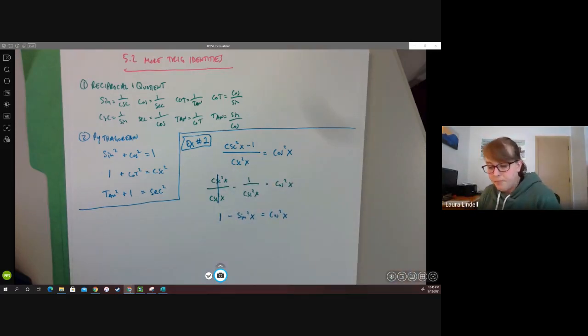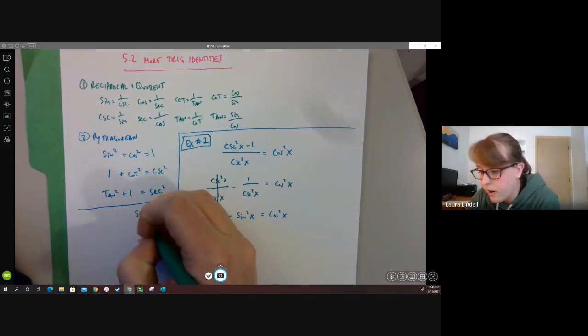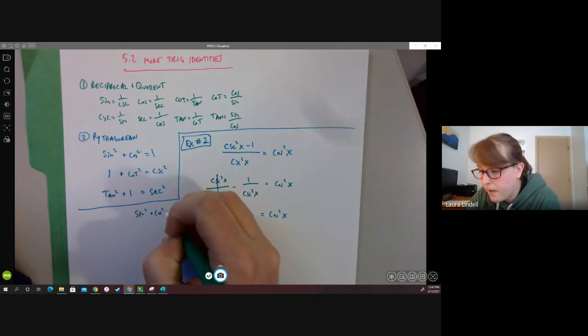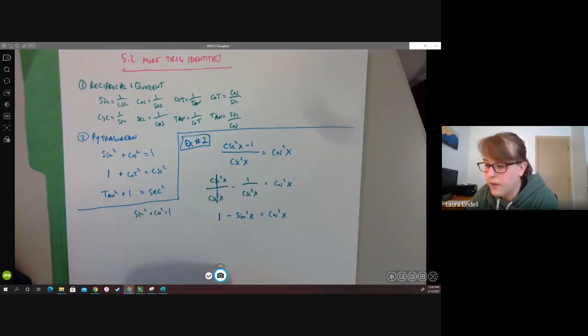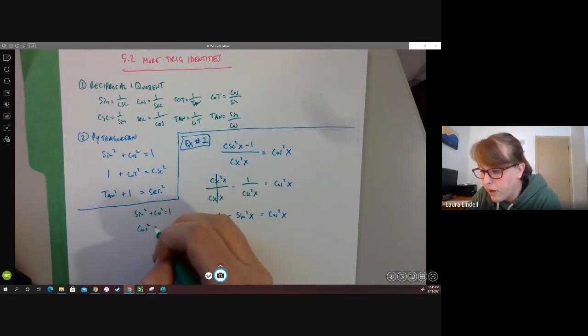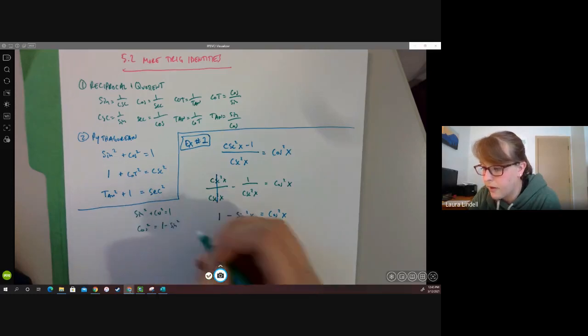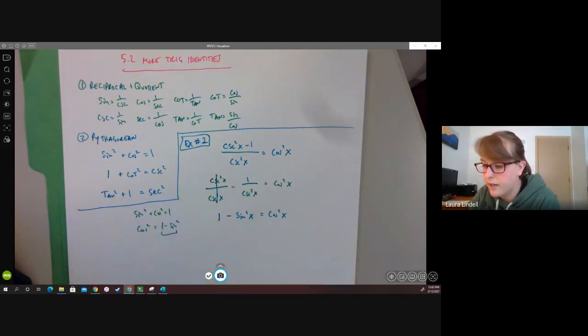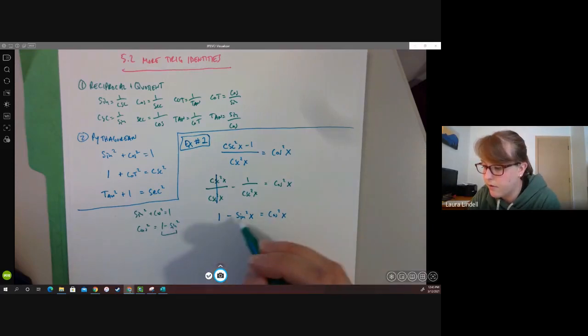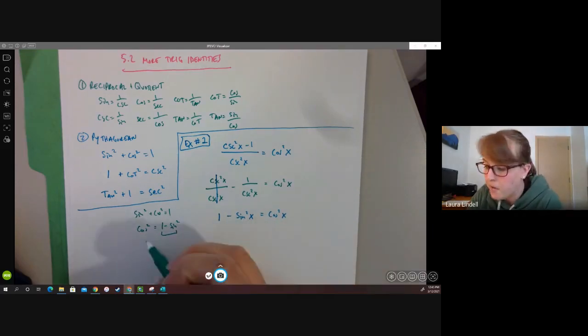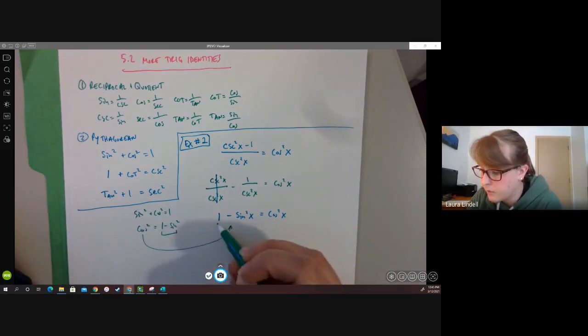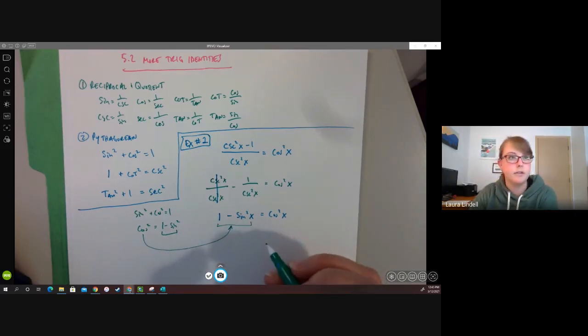And then if we take our Pythagorean identity, sine squared plus cosine squared equals 1, and rearrange it a little bit, we get that cosine squared is equal to 1 minus sine squared. So I can take this and notice these are the same thing. So I'm going to replace 1 minus sine squared with cosine squared.